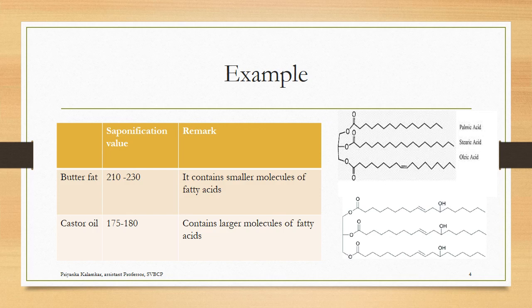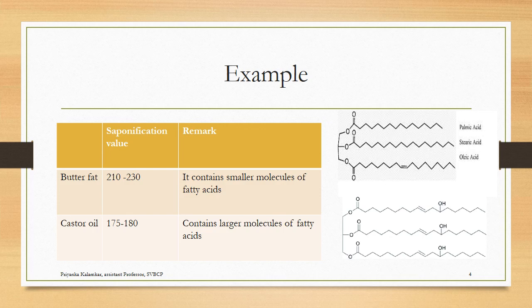Similarly, for castor oil, in comparison to butterfat, the sap value is low. What does it indicate about molecular mass? Since it is inversely proportional, the lower the sap value, the higher the average molecular weight. If the average molecular weight of that fat is higher, I can predict that the fatty acid carbon chain length is long. So you can predict these two things based on the sap value.